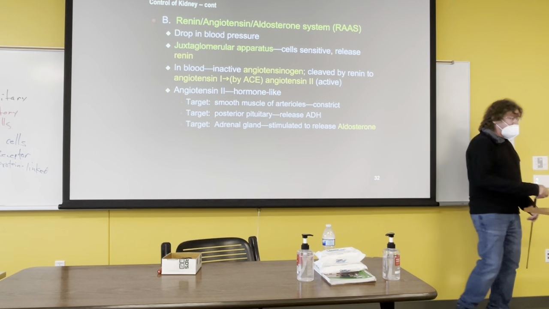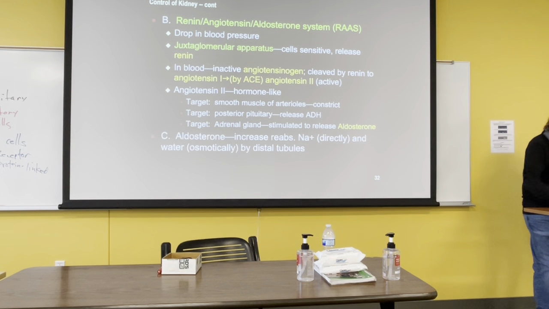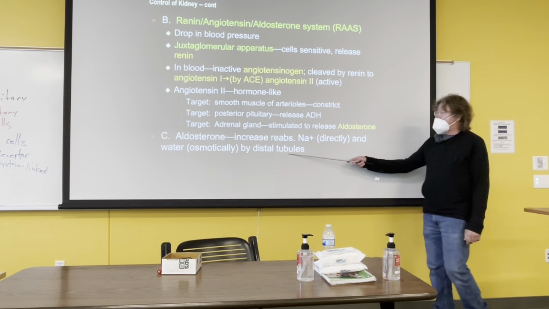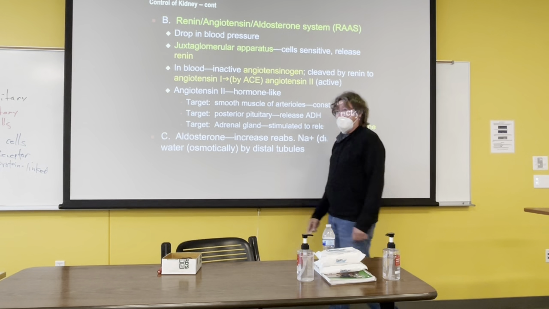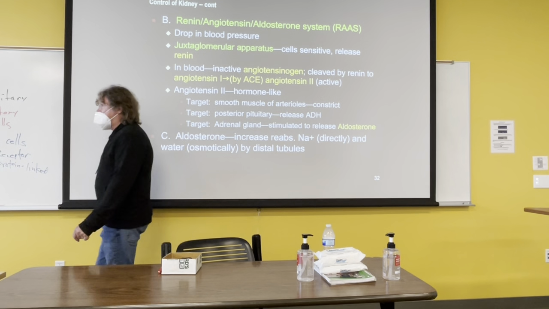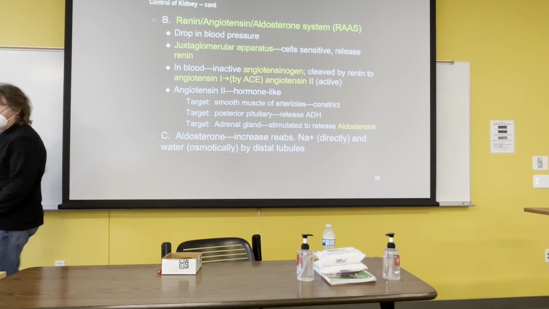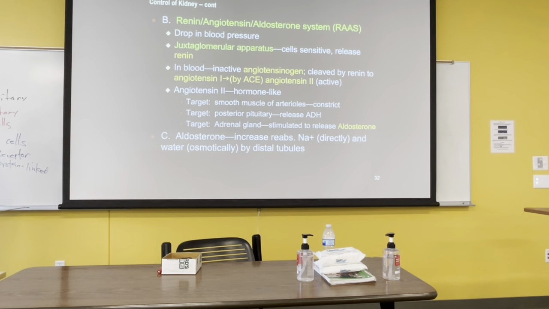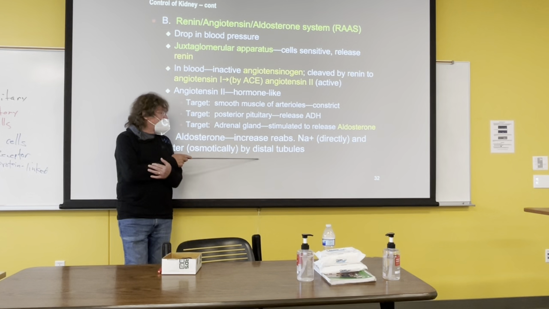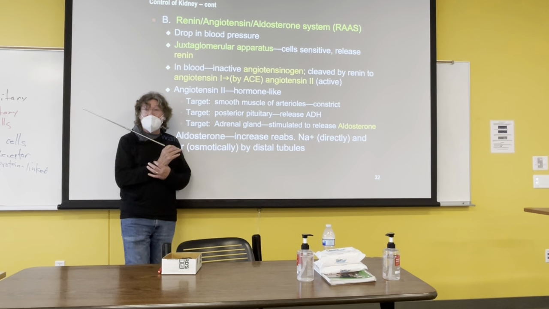Okay, aldosterone. And the target of aldosterone is cells in the distal tubules. Now, this does two things. One, it stimulates transcription and translation of the gene for the sodium potassium ATPases to be inserted into the membrane.